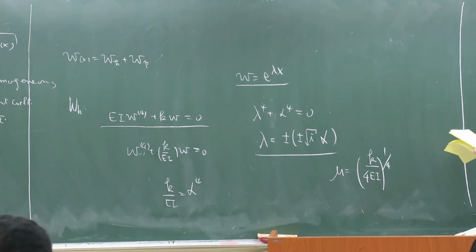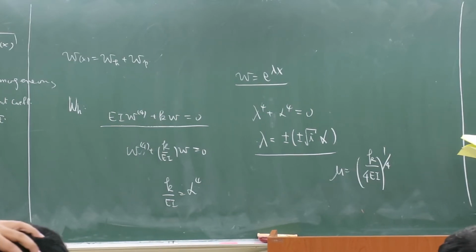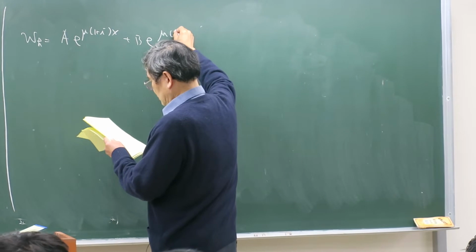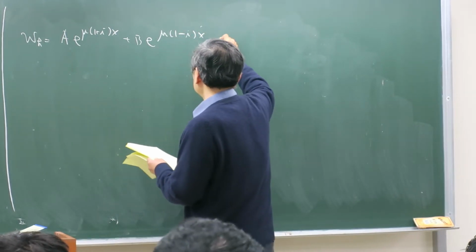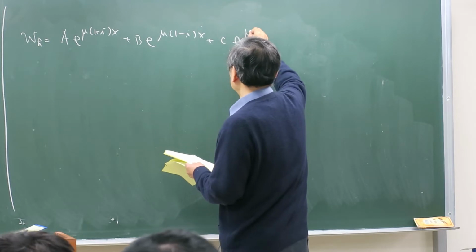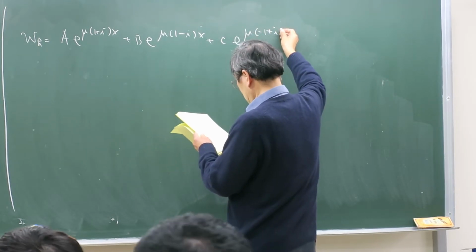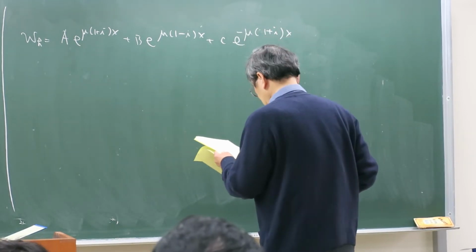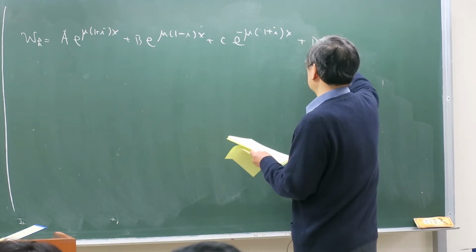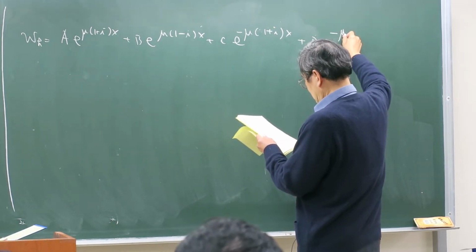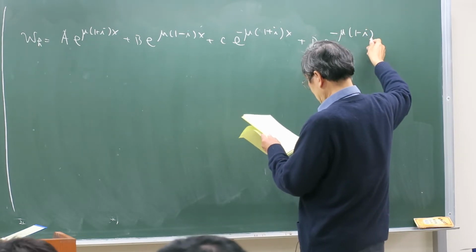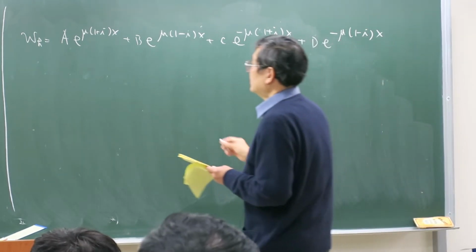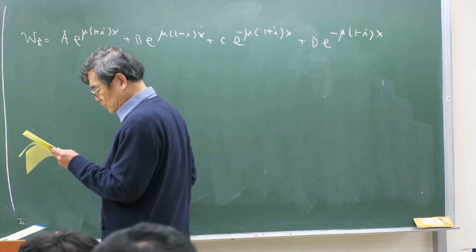One is A exponential mu times 1 plus i x plus B exponential mu times 1 minus i x plus C exponential minus mu times 1 plus i x and plus D exponential minus mu times 1 minus i x. So this is one type of solution.